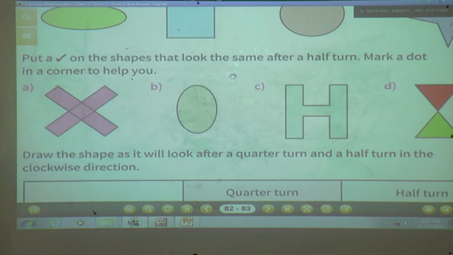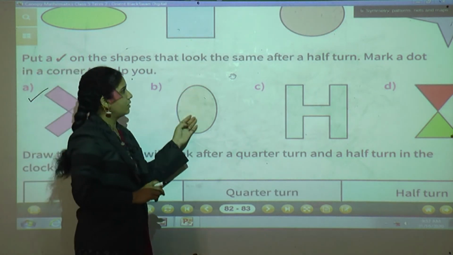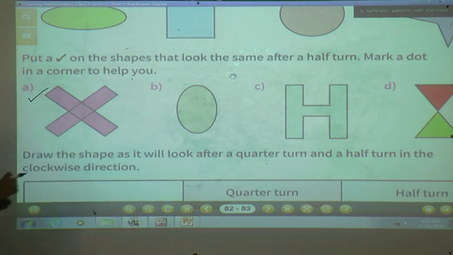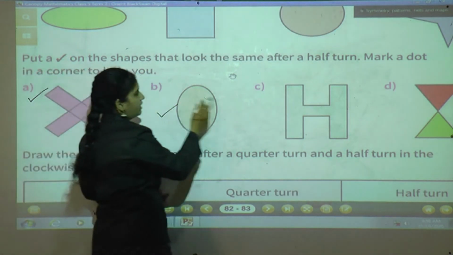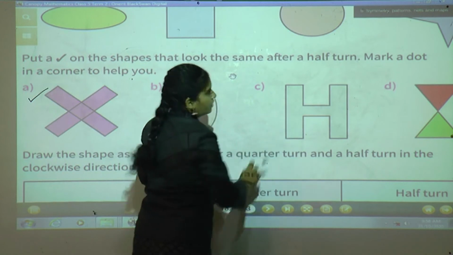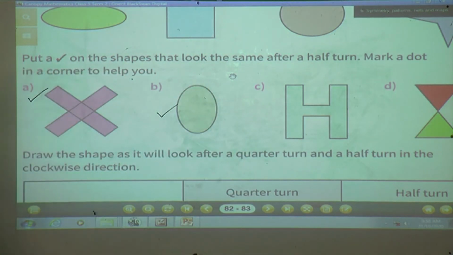Okay, it will look the same, so here we can put a tick. In the B1 also, if you do a half turn, it will look the same. Okay, but here in the C1, will it look the same or not? Yes, C1 also looks the same.